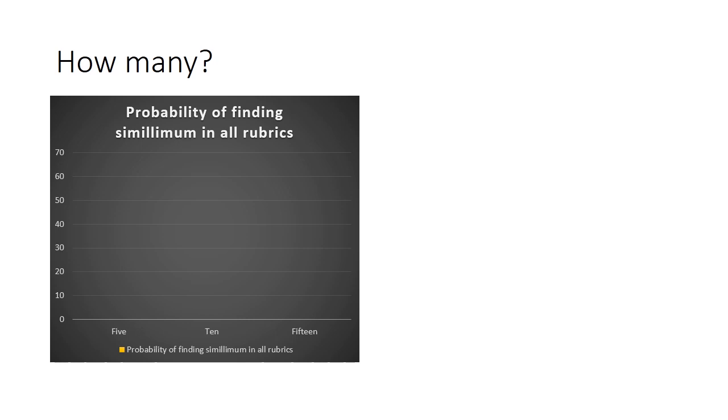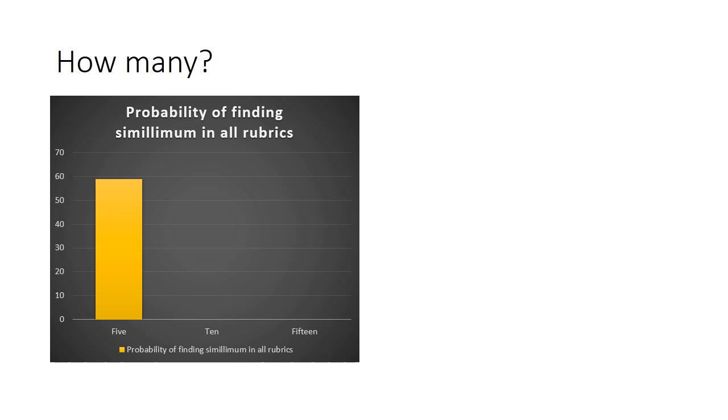Here is a graph which has been prepared from a wonderful book by a German writer, Chris Kurz. What in essence the author tells us is that if I take 5 rubrics to an analysis, the probability is almost 60% of finding the simillimum in all the rubrics.